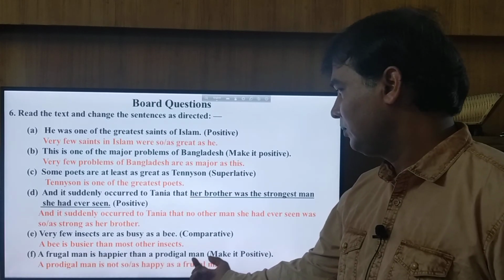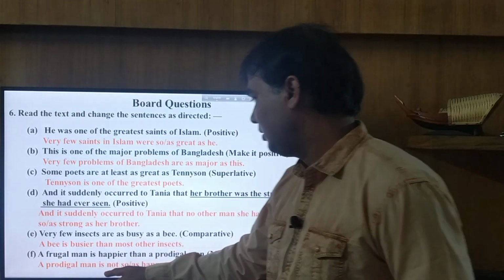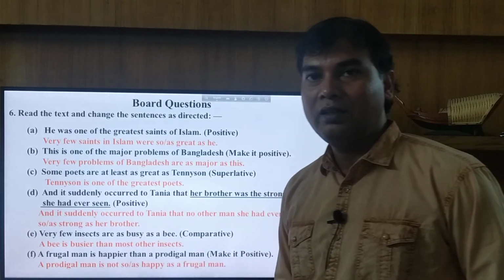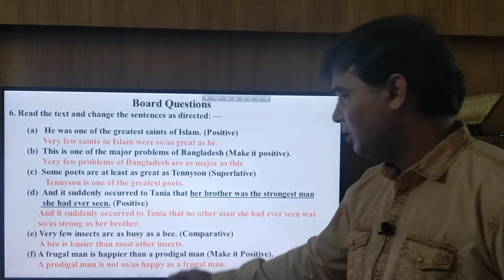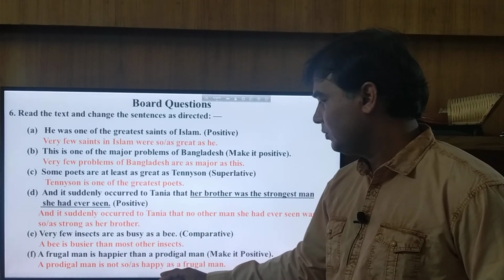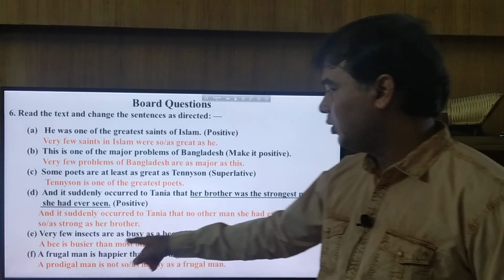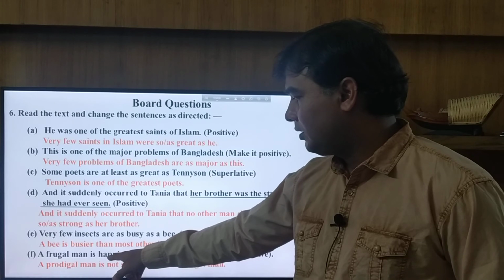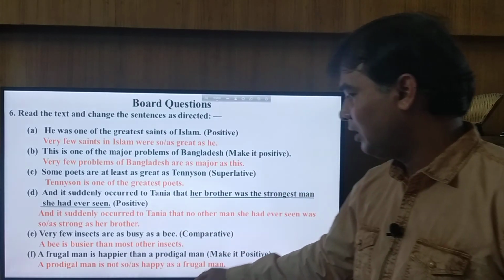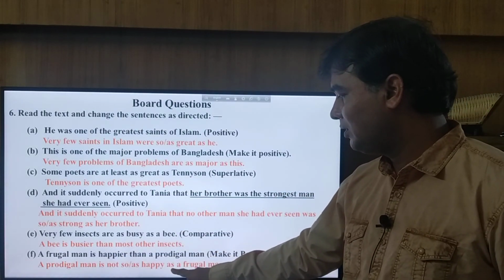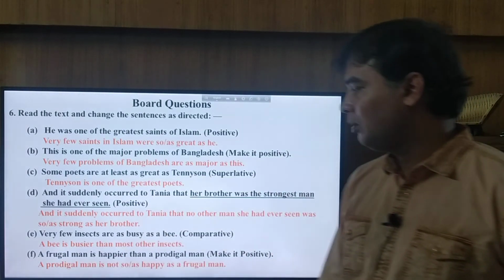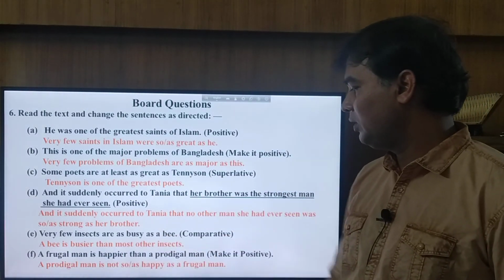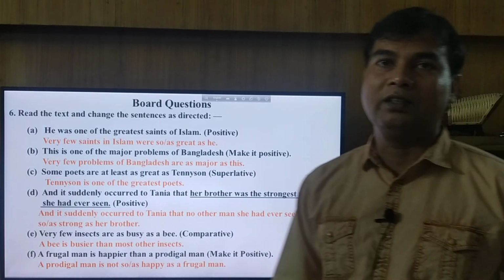First of all, a prodigal man, then auxiliary verb is, then according to the rule we have to write not, then so or as, and then the positive form of the adjective, happier is happy, and then according to the rule we have to write as, then subject, a frugal man. So the answer is, a prodigal man is not so happy as a frugal man.